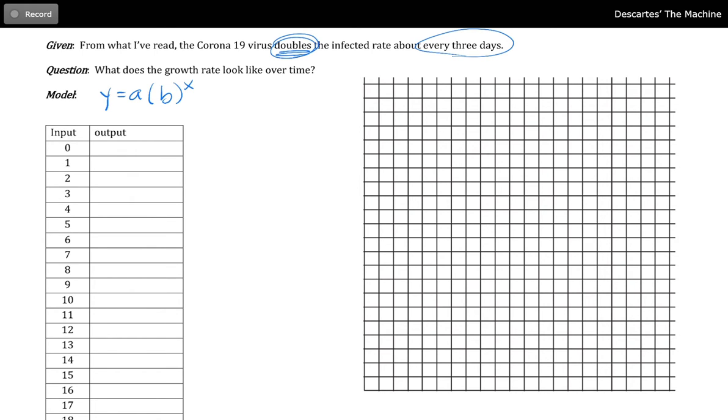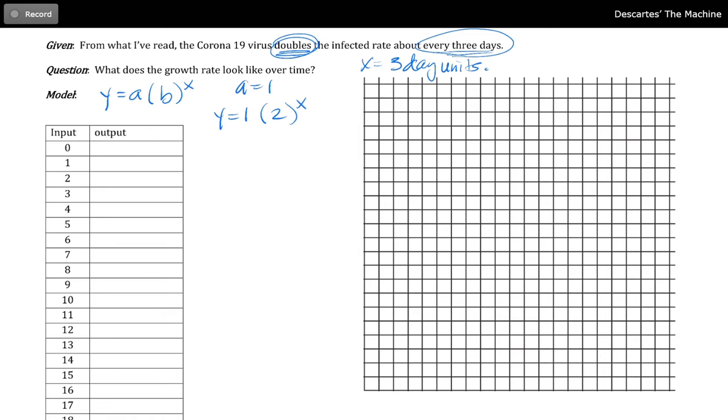So for this model, let's start with one infected person. The model would look like this: y is equal to 1 times 2 to the x. And if it doubles about every 3 days, then x is the number of 3-day units.